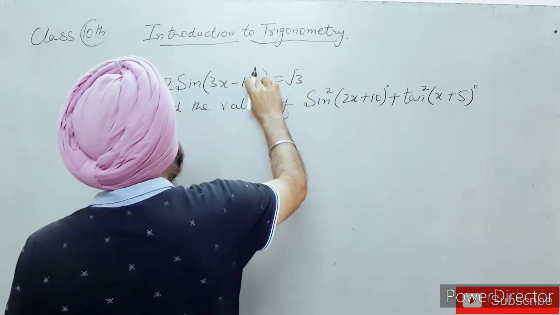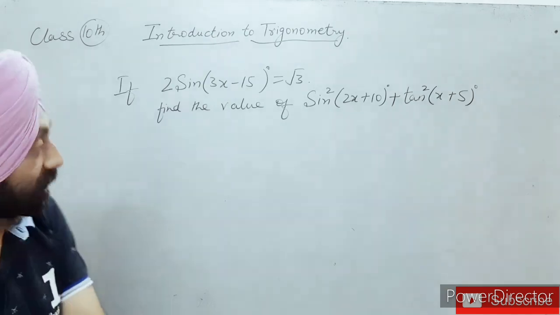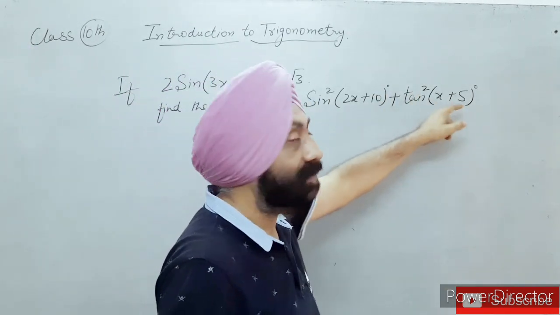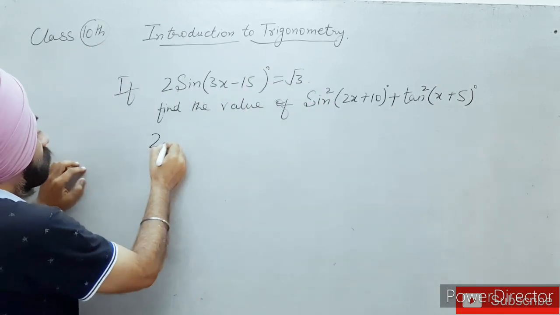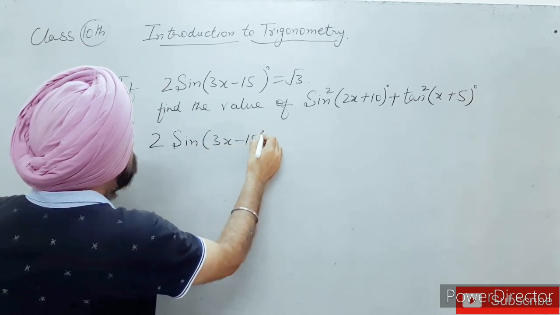It's like this: 2 sine of 3x minus 15 degrees equals under root 3, and find the value of sine square 2x plus 10 degrees plus tan square x plus 5 degrees. Only this is given to us.